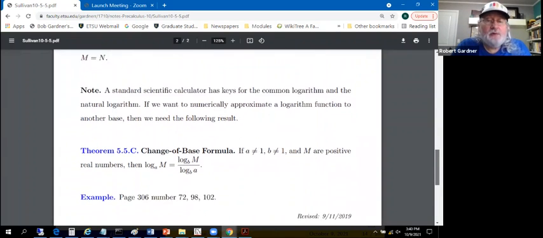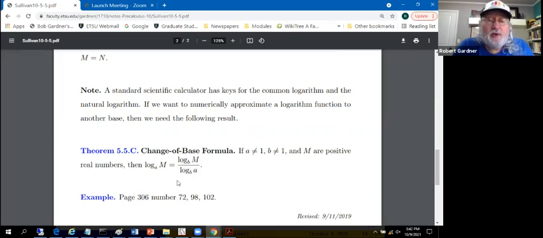A final observation, and we'll do a few more examples. If you look at a standard scientific calculator, it has keys for the common logarithm and the natural logarithm. If you want to numerically approximate logarithms to other bases, you ain't got a key on the calculator. But it turns out you can convert those other bases into base 10 or base e. And that's the buttons on the calculator.